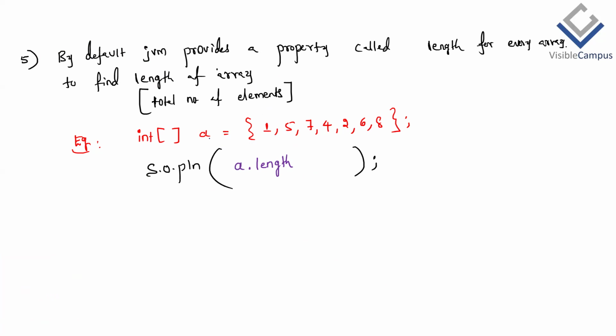Now tell me, if I am using this A dot length, how many elements are there in this? What's output? 1, 2, 3, 4, 5, 6, 7. Should you count from 1 or count from 0? Somebody is saying 6 here. Should we count from 0 or should we count from 1? From 0. Okay, don't take this as this one.